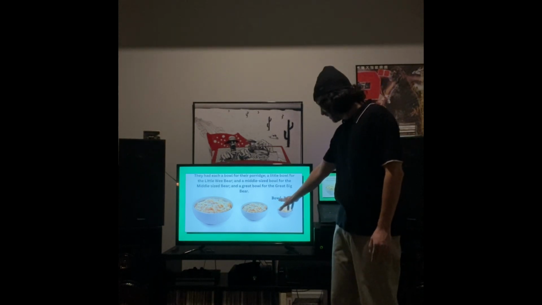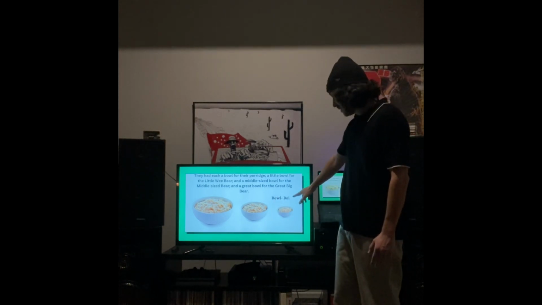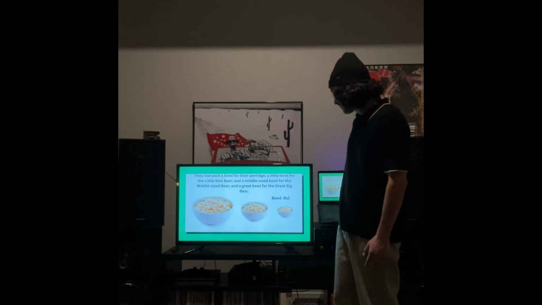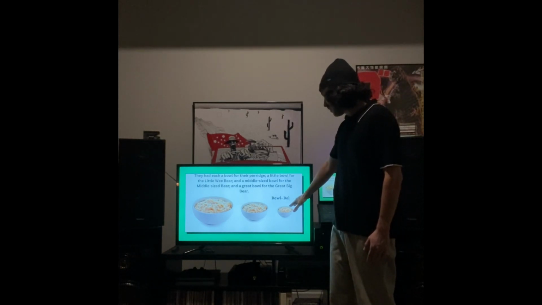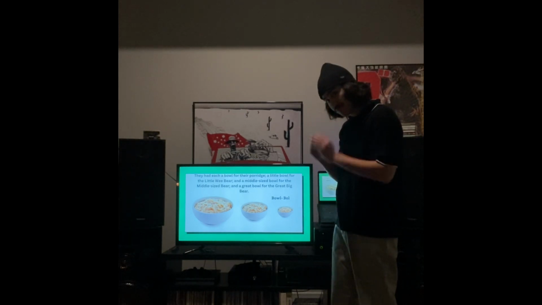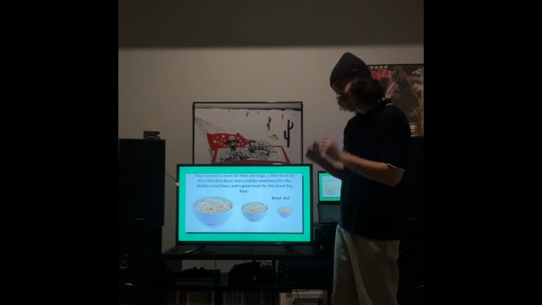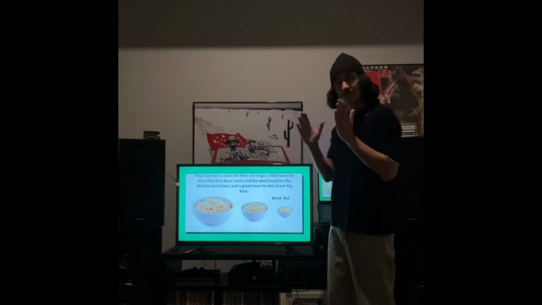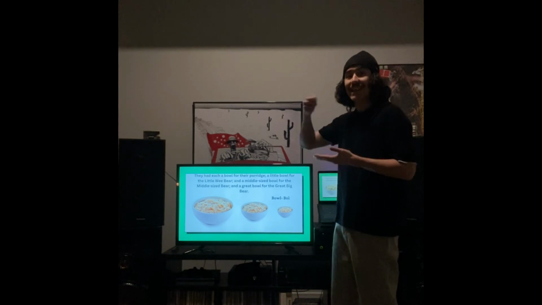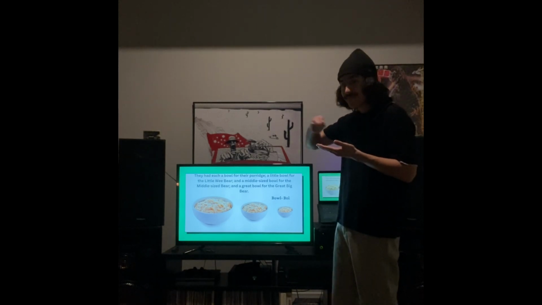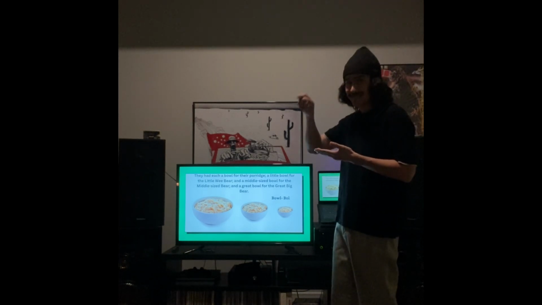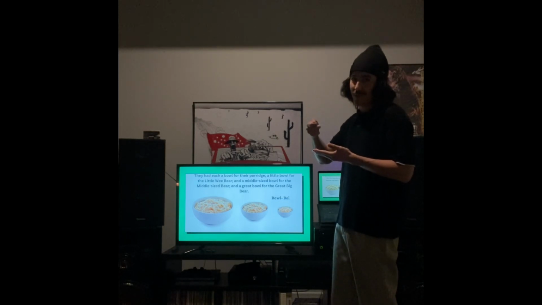Bowl in English, in Spanish, bol. So we have our little bowl, our medium bowl, and our big bowl. And the bears would eat the porridge. Eat the porridge.